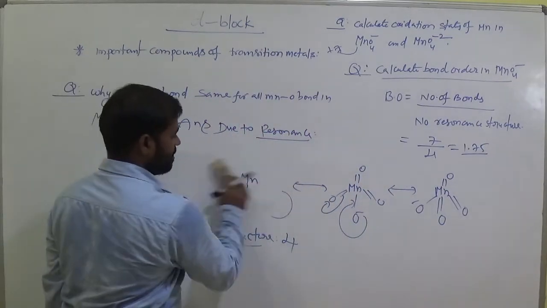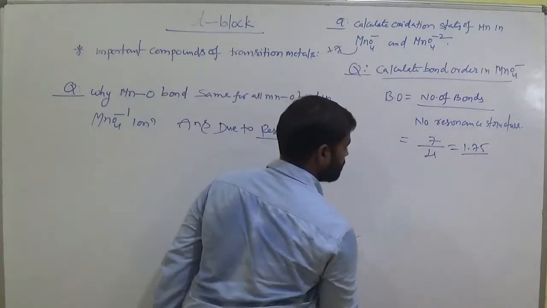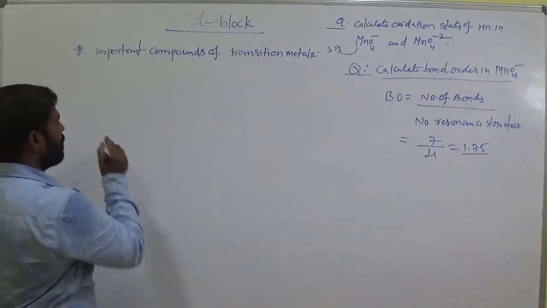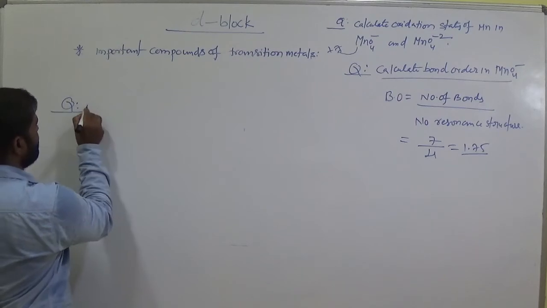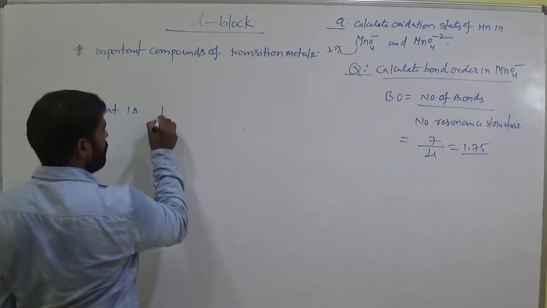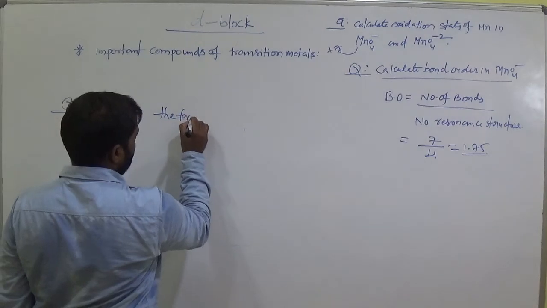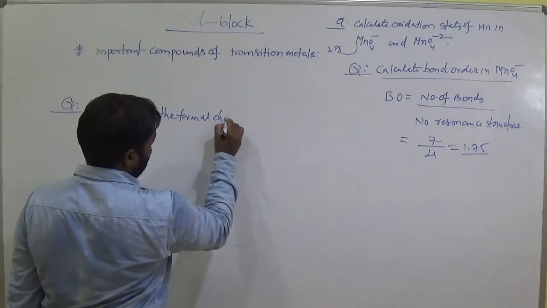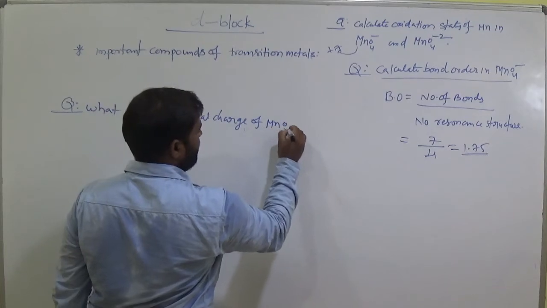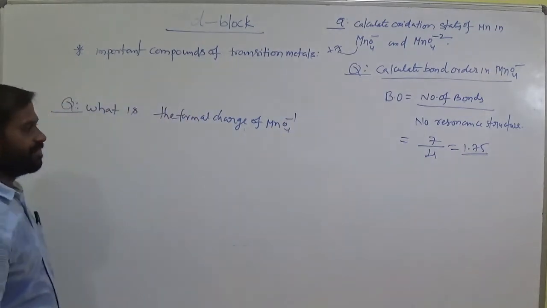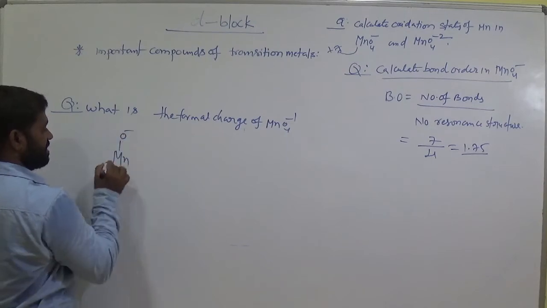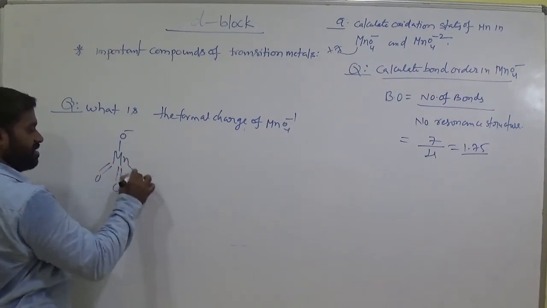And one more question. Alright, what is the formal charge of MnO4 minus? Clear? Let's see here. MnO4 minus, this is the structure you know very well.